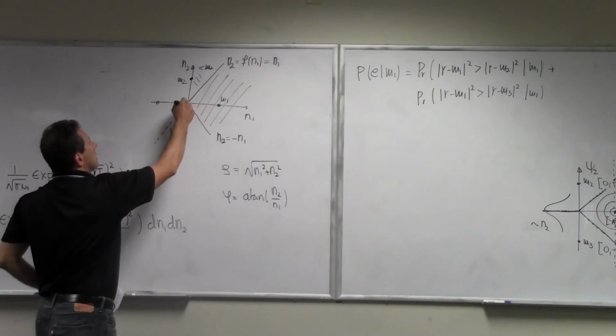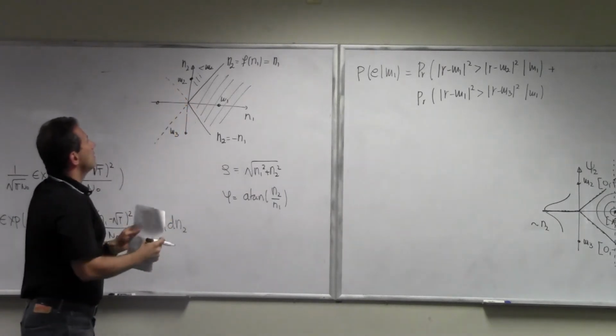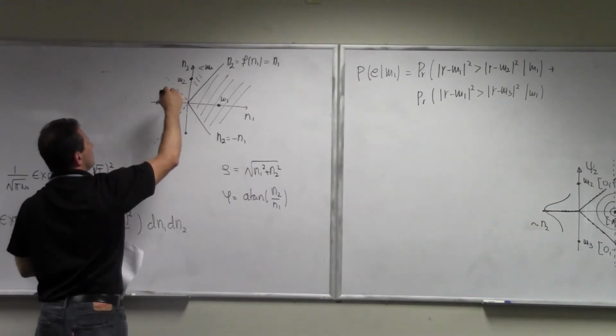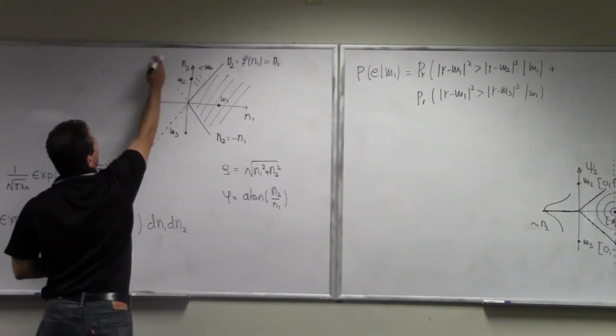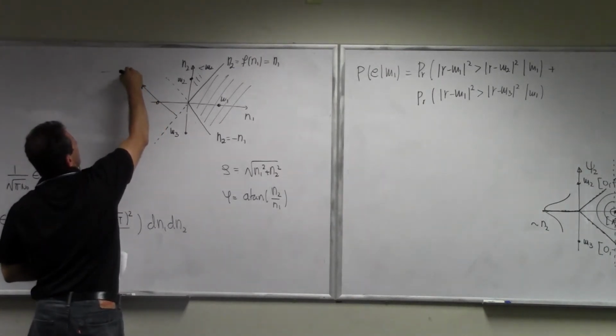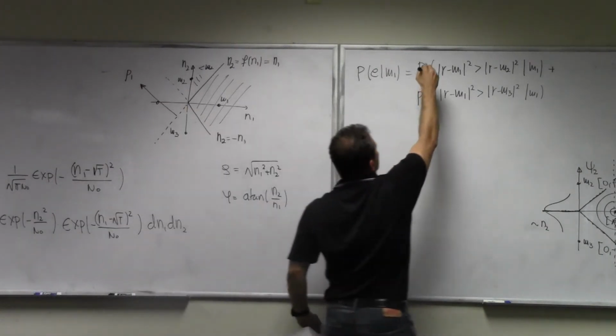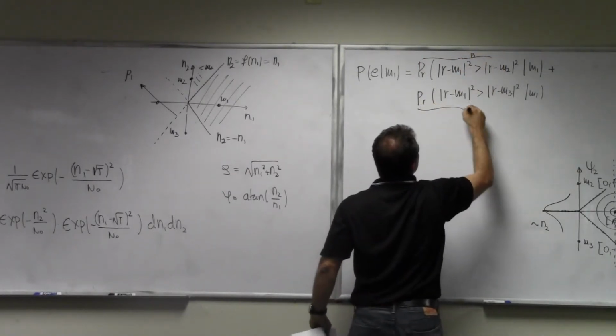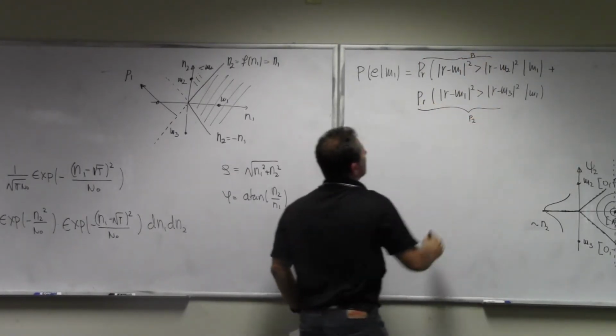Then if I look at this line, everywhere, so how do I even draw this? This area here, that's your P1, probability 1. Let's call this probability P2.